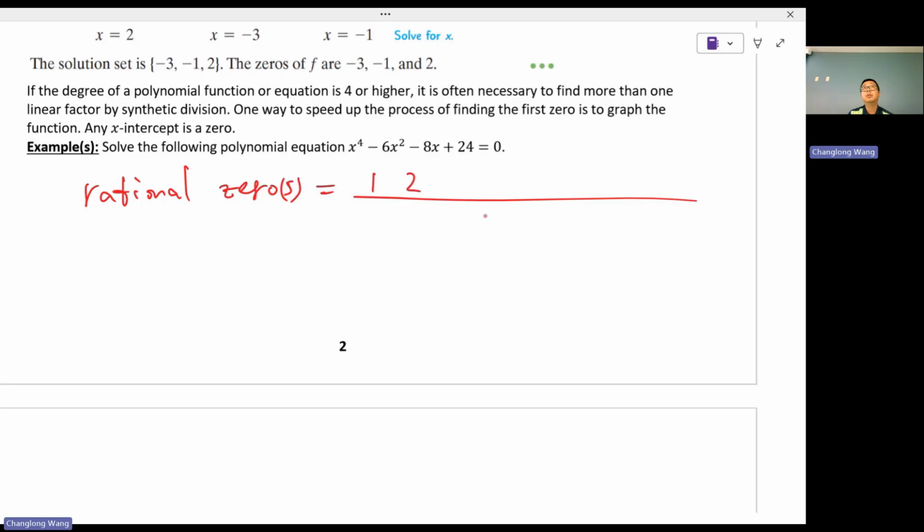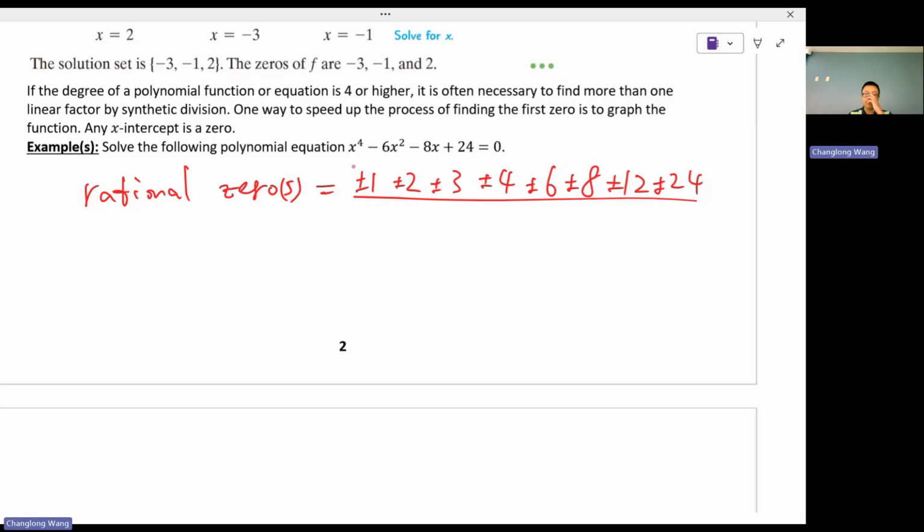What about 2? 3? 4? Not 5, right? 6? 8? 12? And 24. You guys agree with that? That's all the possible factors of 24, right? Plus or minus. I'm just listing all possible factors. I'm not trying to add or subtract them. Okay? So there are 8 options, right?